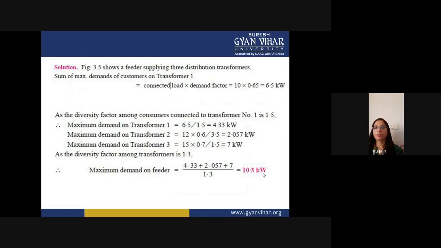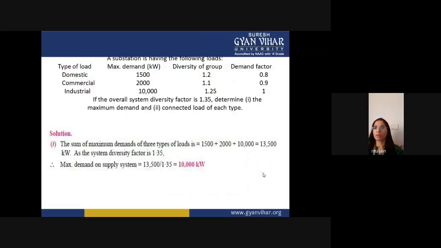So this is our numerical number 2. Now we come to the next problem. A substation is having the following loads. The load is divided into three parts: domestic, commercial, and industrial. For domestic load, the maximum demand is 1500 kilowatt, diversity of the group is 1.2, and demand factor is 0.8.